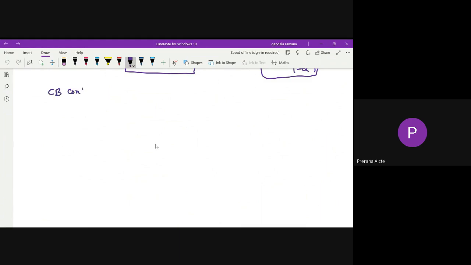So, CB configuration. In that, what is alpha? IC by IE. Now, how can we write IC? IC is equal to alpha IE? Yes. Suppose IE is 0, does the output current become 0?